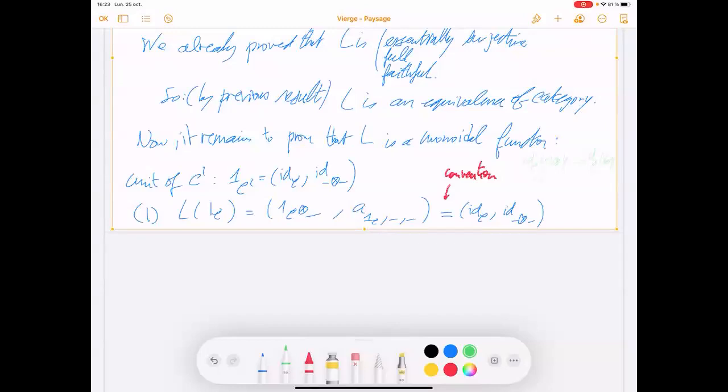So this is X tensor Y. I did X tensor Y. This is just a ridiculous detail, that this is really an element, it is really an object of C tilde because of this. Okay.